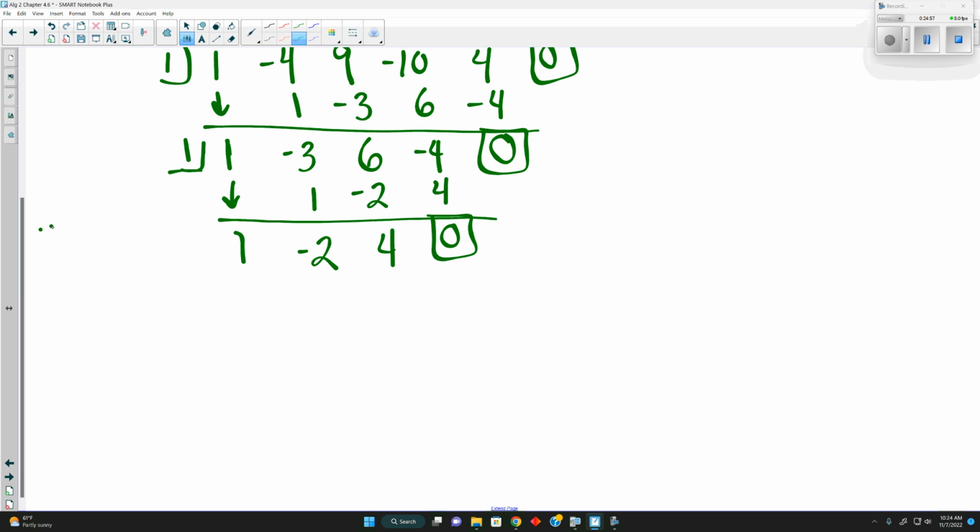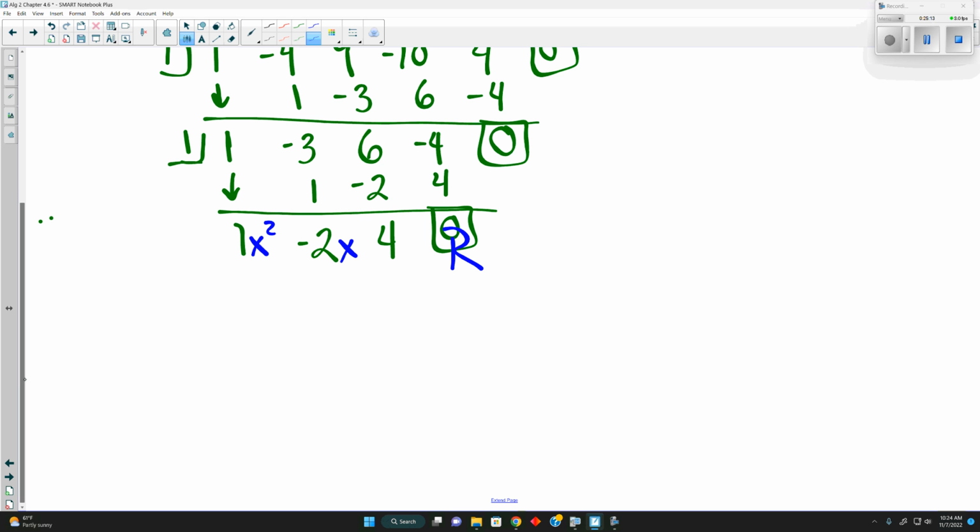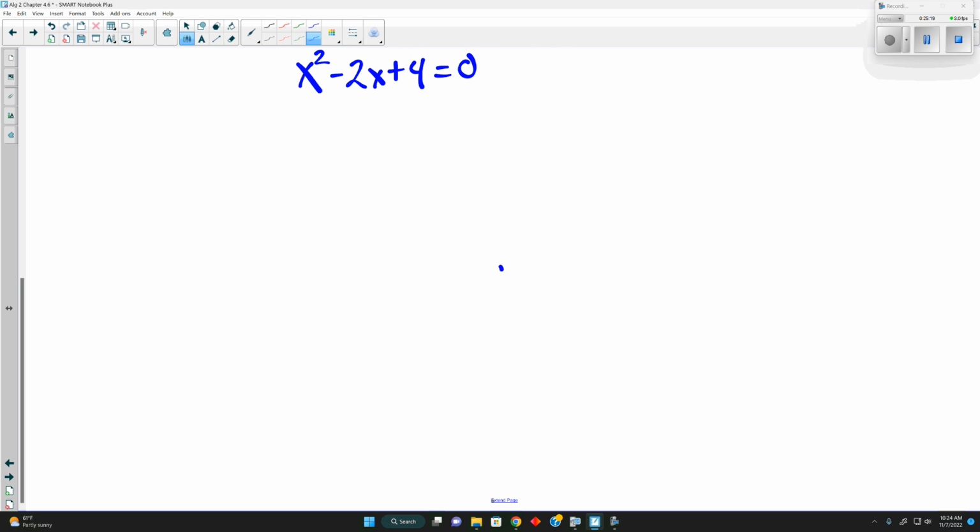So we had one more solution of 1. And at this point here, we can stop because we're now down to a quadratic. 0 is our remainder. 4 is our constant term. -2 is our term with x, and 1 is our term with x squared. So what we're left with is x squared minus 2x plus 4 is equal to 0.